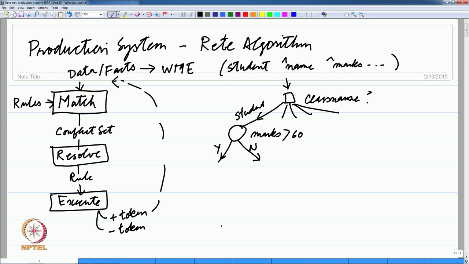So, the top half of the network we said was a discrimination network, which basically separates the data and directs it towards the rules that it is going to match essentially. So, these kinds of nodes were alpha nodes, and then there were beta nodes which basically pulled in data that a rule requires, and essentially supplies it to a rule and says okay, this rule has the matching data essentially.